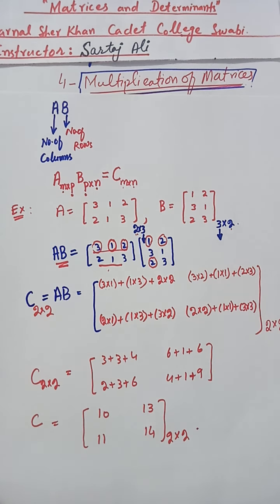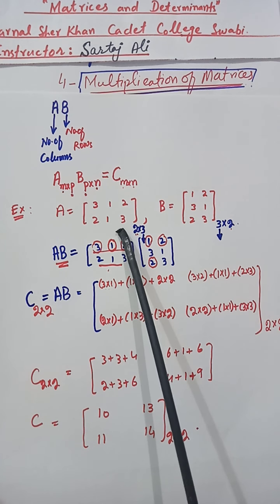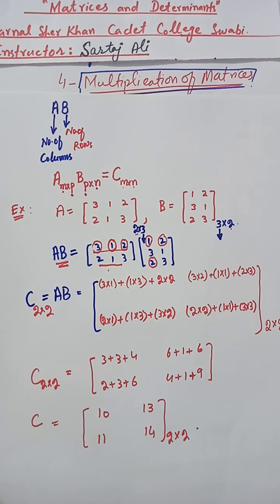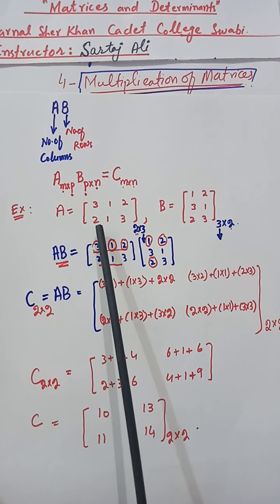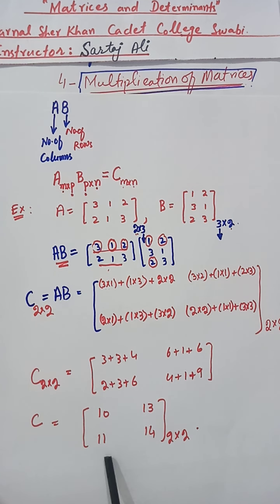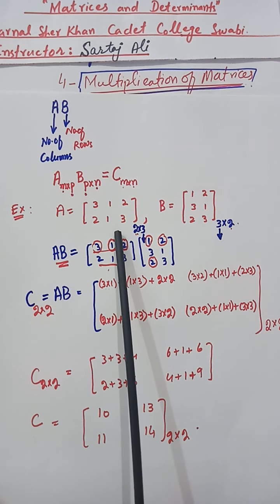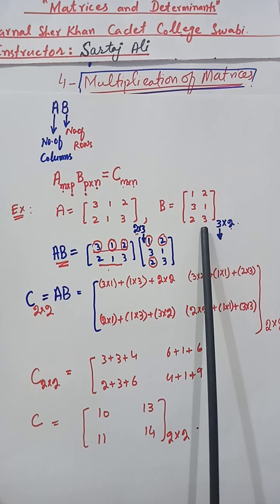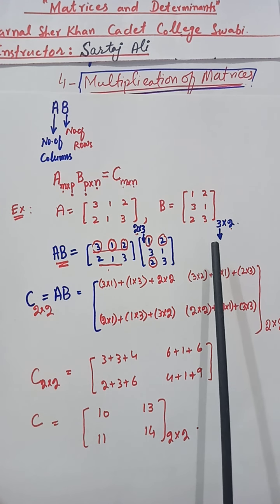So you see that when two matrices are compatible for multiplication, their product gives another matrix, and the order of that matrix is determined by taking the rows of the first matrix and the columns of the second matrix.